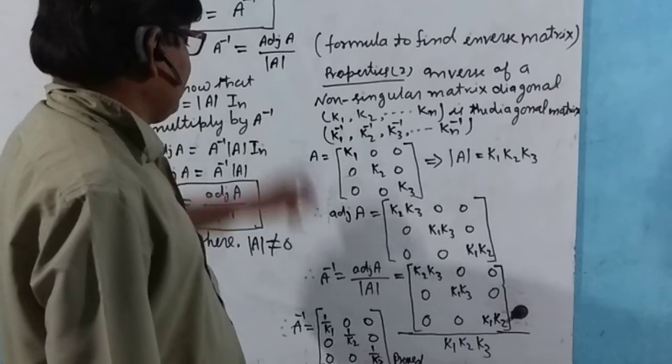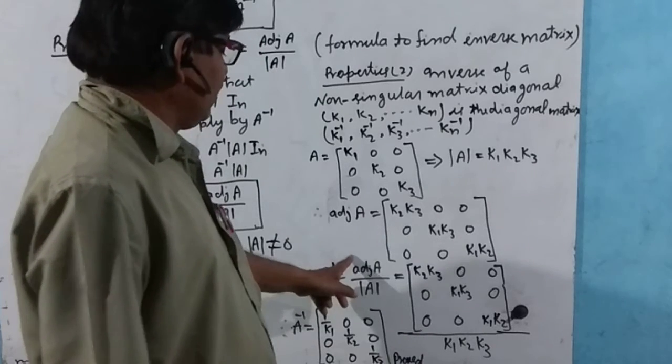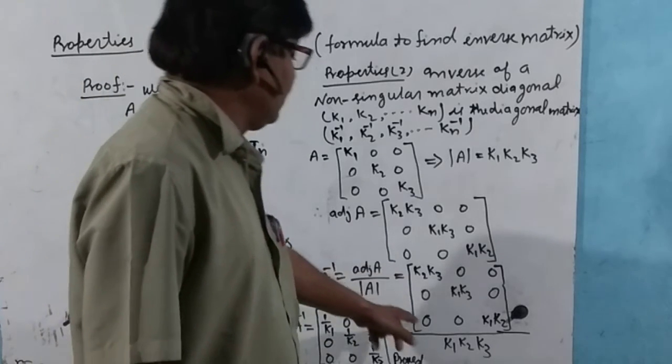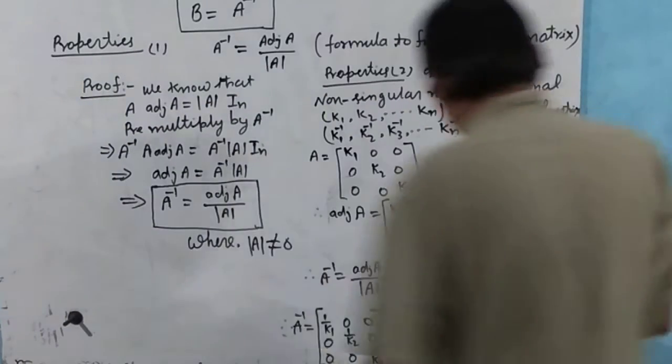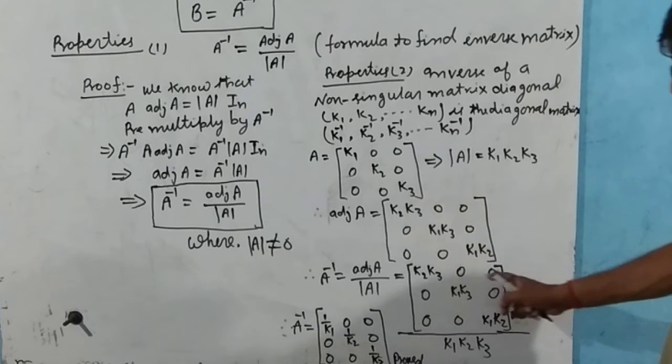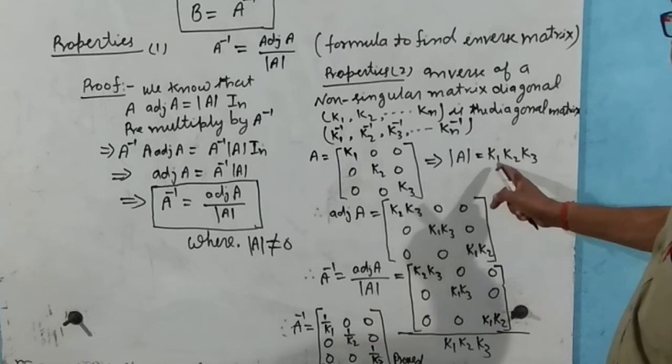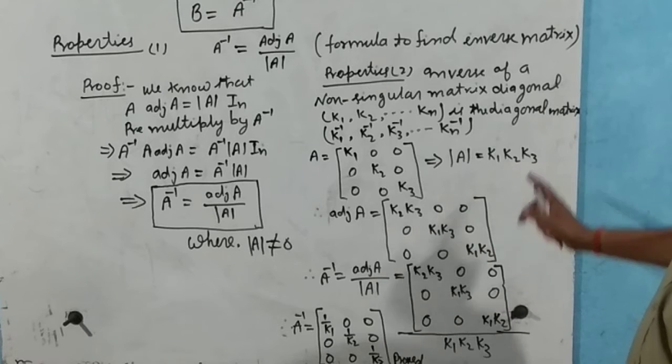So the inverse of matrix A is adjoint A by determinant A, and the value of the determinant is K1 K2 K3.